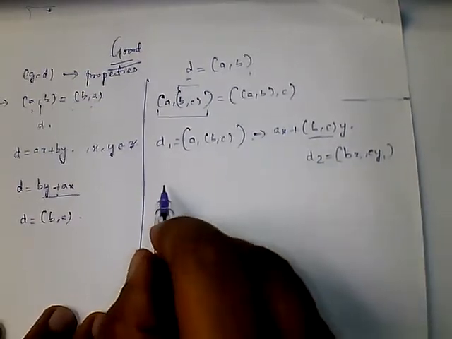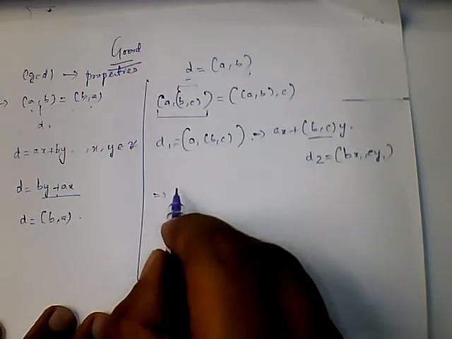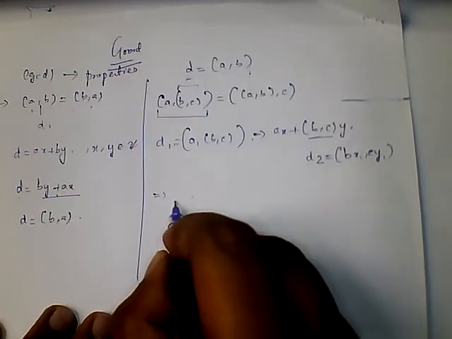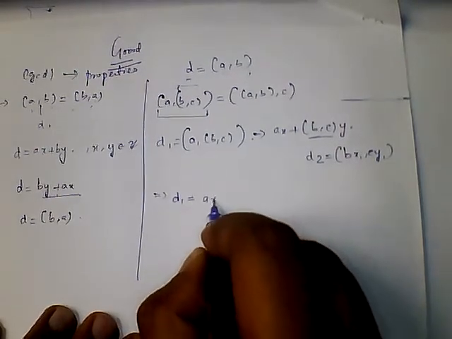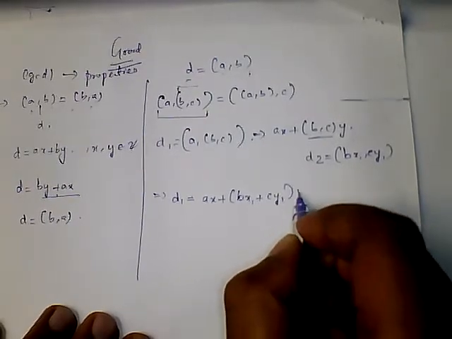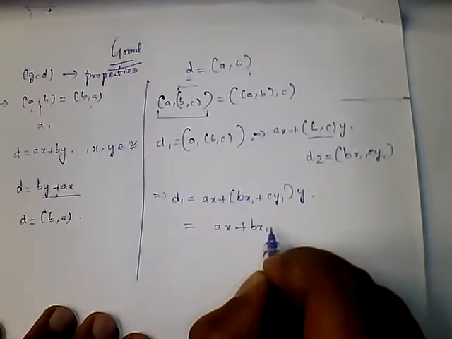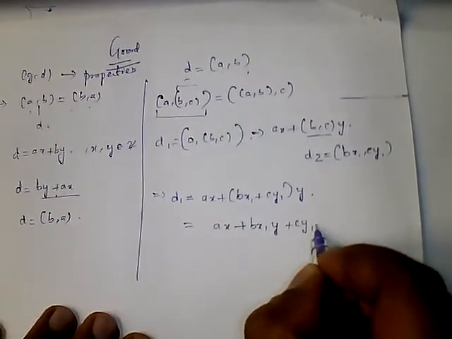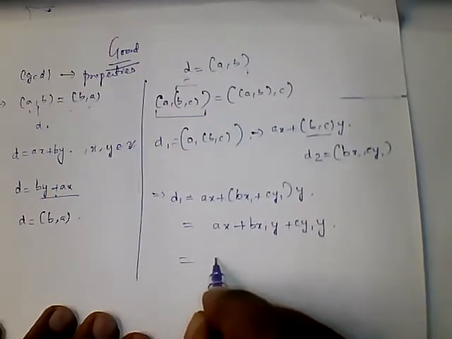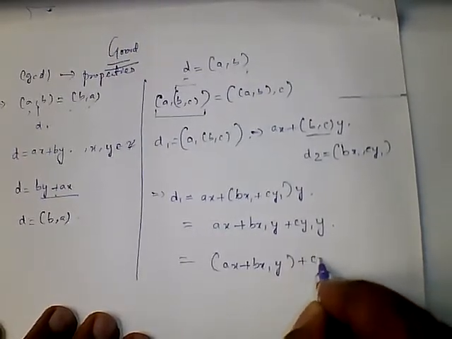Substituting the values into the linear form, we get d1 equal to ax plus bx1 plus cy1 times y. From this we get ax plus bx1y plus cy1y. Now I am just changing the parentheses, and I get ax plus bx1y plus cy1y.